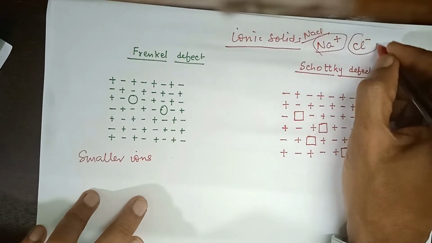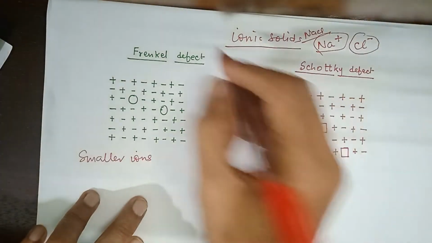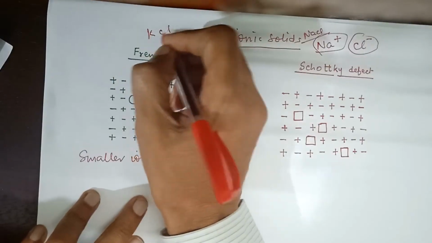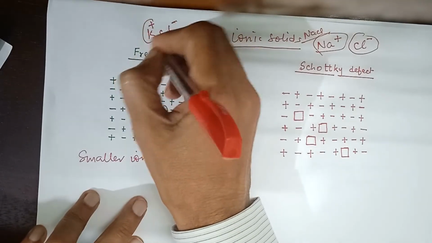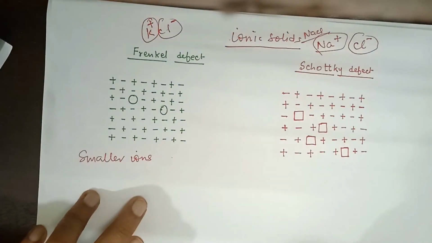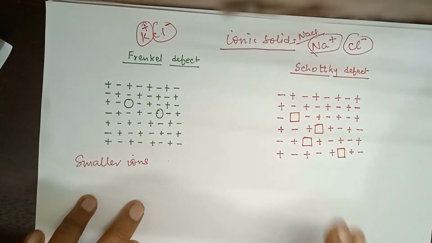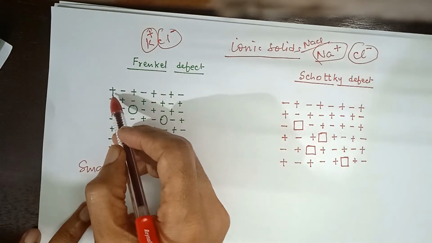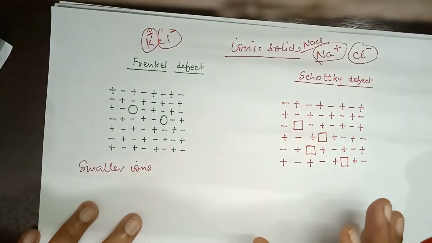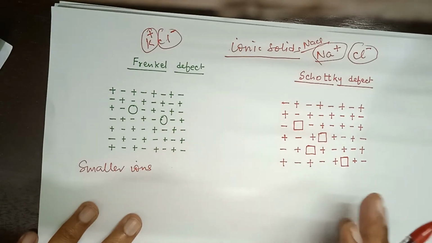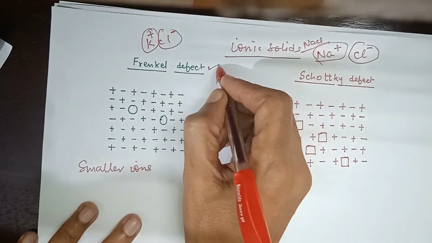In KCl, potassium chloride, potassium and Cl are the constituent particles. So in ionic solids, ions are the constituent particles. Like this is cation, this is anion, cation, anion, and they are arranged in the crystal in a regular manner. But what happens in Frenkel defect?